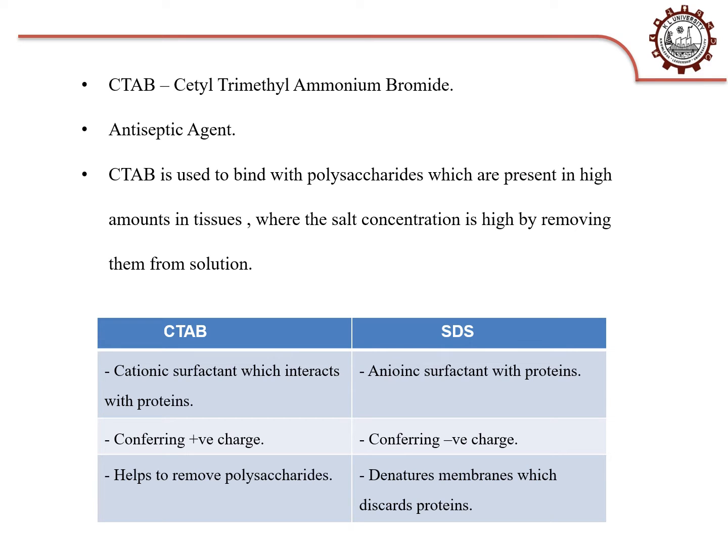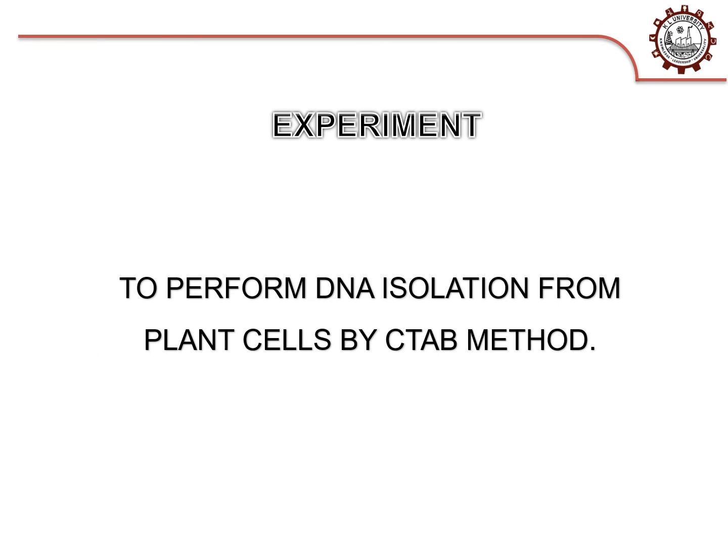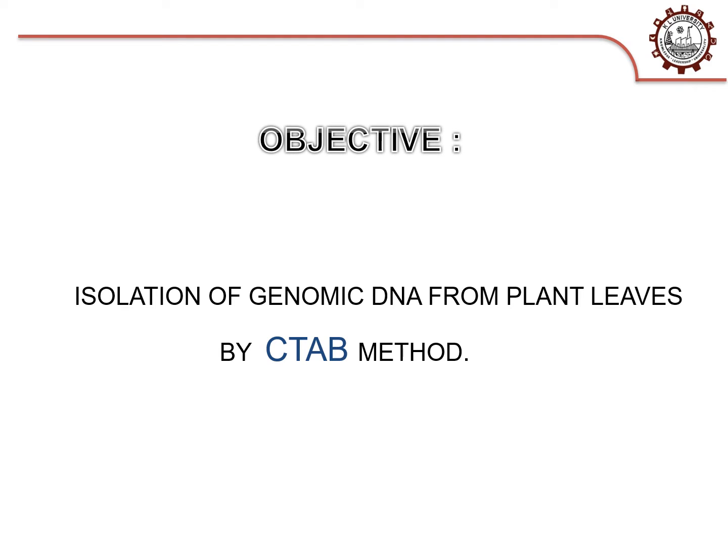Now we will discuss an experiment used to perform DNA isolation from plant cells by the CTAB method. The main objective of this experiment is isolation of genomic DNA from plant leaves by the CTAB method.